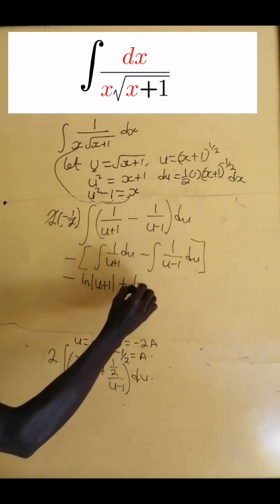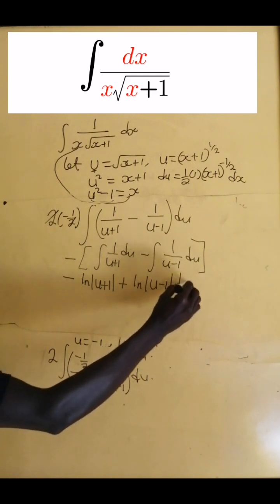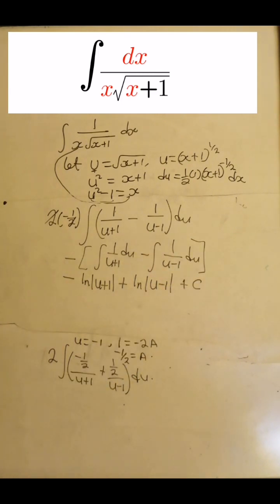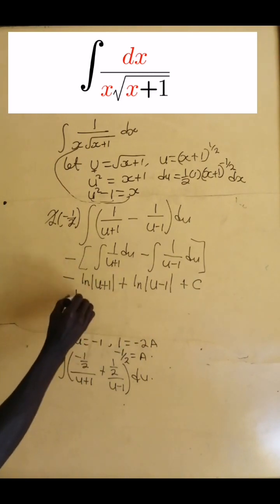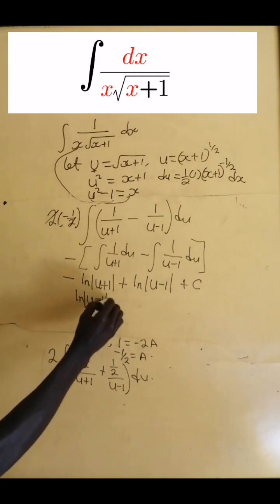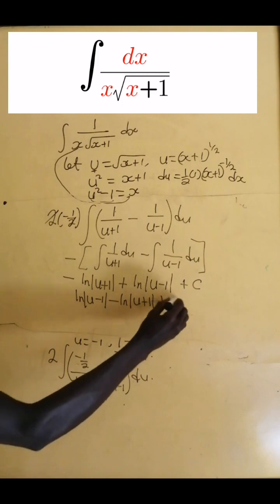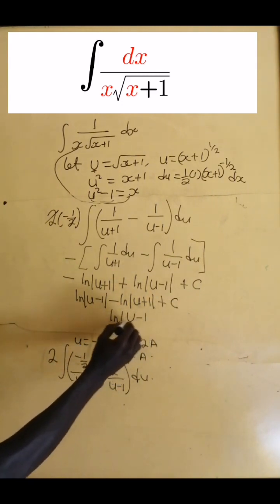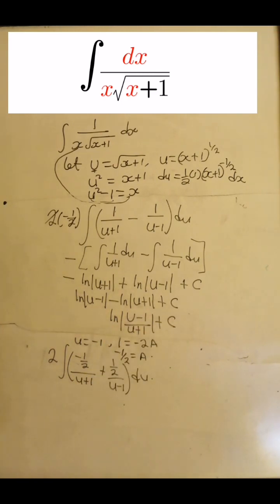If we integrate 1 on u minus 1, we get the natural log of u minus 1 plus the constant c. Now, always remember to bring the absolute value sign. So here we can rearrange this one as the natural log of the absolute value of u minus 1 minus the natural log of the absolute value of u plus 1, which gives natural log of the absolute value of u minus 1 divided by u plus 1 plus c.